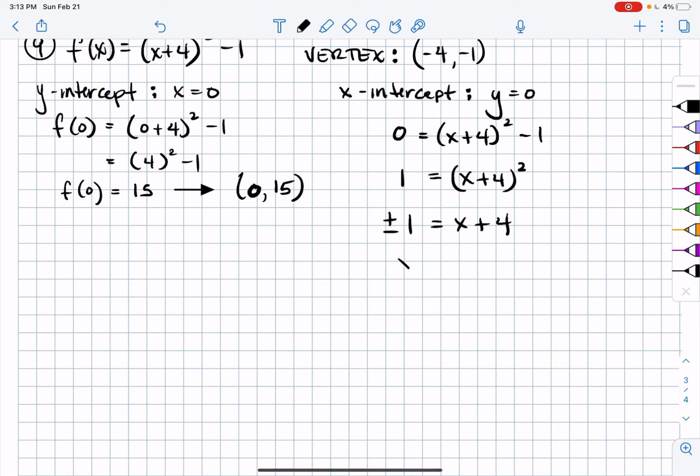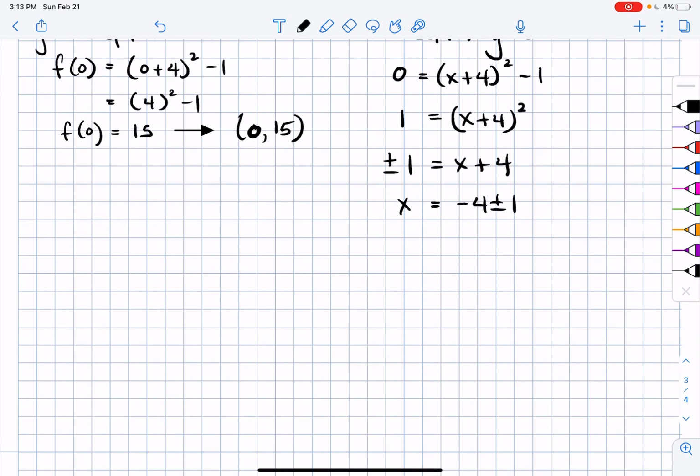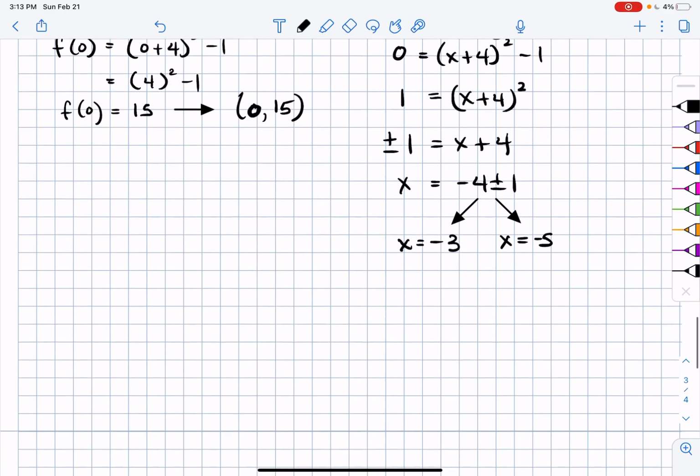So that means my x is going to equal negative 4 plus or minus 1. So I get two answers. One is negative 4 plus 1, which is negative 3. And then negative 4 minus 1, so my x is equal to negative 5. Okay? So that gives me 2 points as well, which is negative 3, 0, and negative 5, 0.